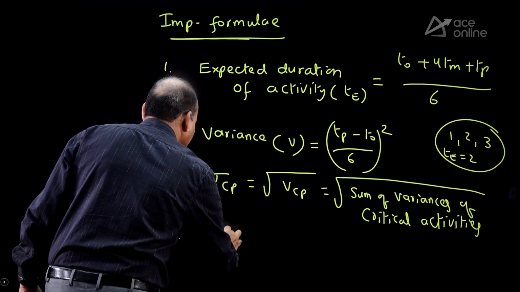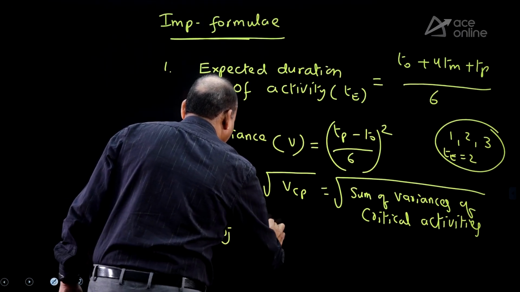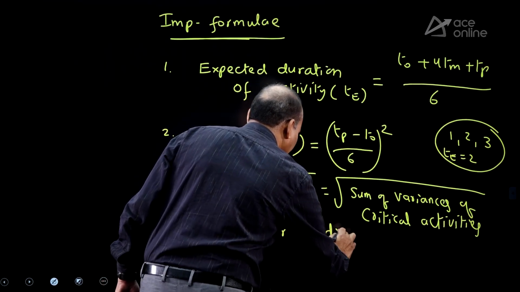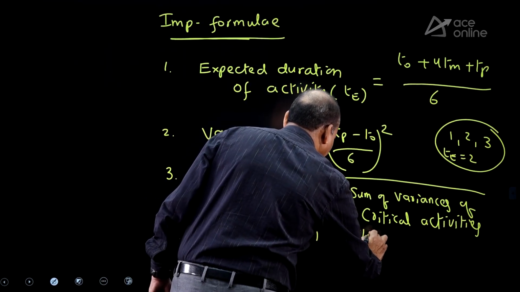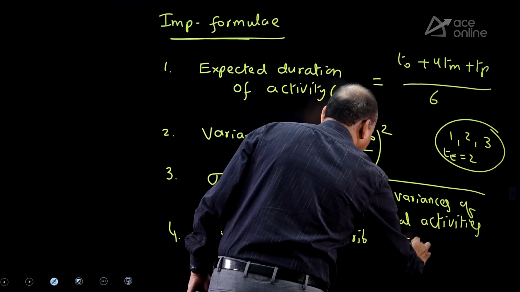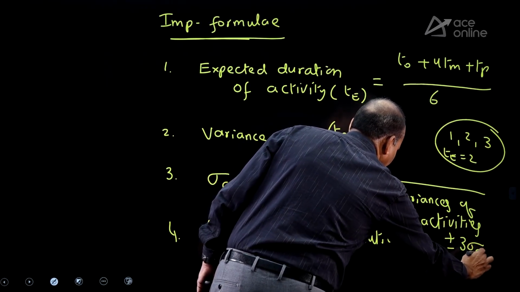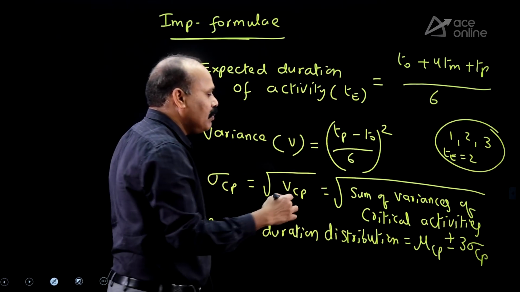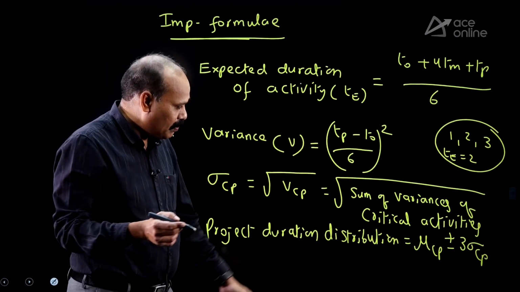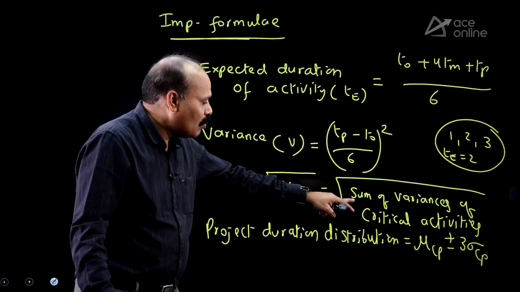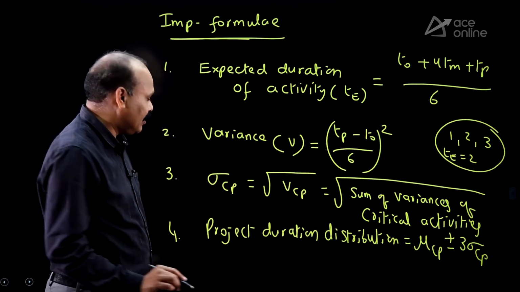Project duration distribution is a normal distribution, that is mu plus or minus T sigma, mu Cp plus or minus T sigma Cp. Sigma Cp is nothing but the standard deviation of critical path, and mu Cp is nothing but the critical path duration.